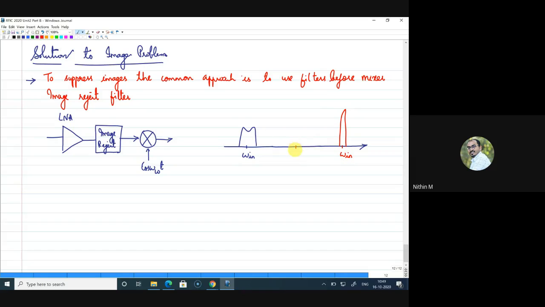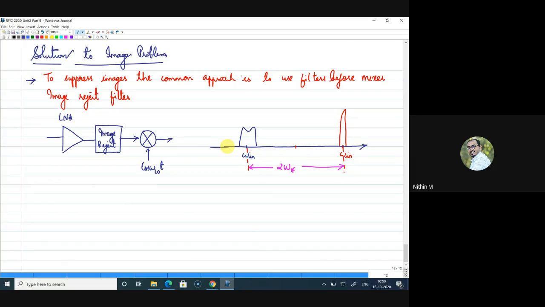The image and signal are both equidistant from the LO frequency, so the difference between them will be 2 times omega IF. The whole idea is to introduce an image reject filter before the down conversion so that we can eliminate the image.